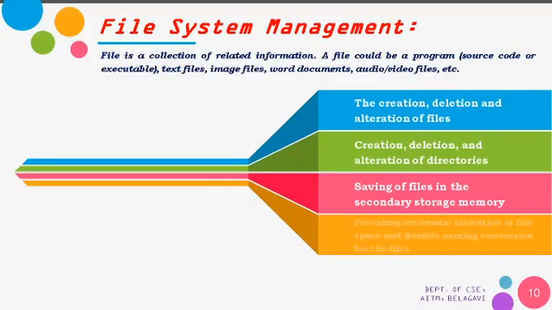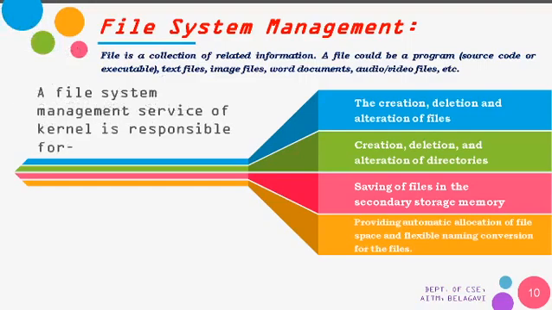A file could be a program, source code, or an executable program, or it can be a text file, image file, word document, or audio or video file, etc. The file system management services of the kernel are responsible for the creation, deletion and alteration of files, creation, deletion and alteration of directories, saving of files in the secondary storage memory, providing automatic allocation of file space, and flexible naming conventions for the files.